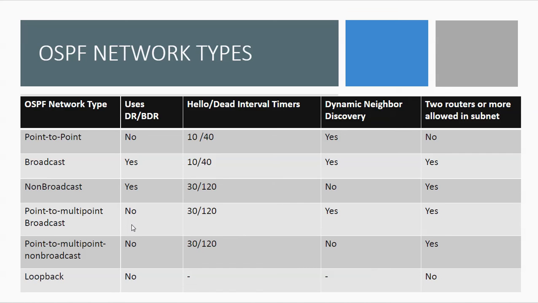The last network type is the loopback address on the router. It's an interface that you basically assign an IP to and call a loopback address. There will be no DR-BDR selection here, and you can assign as many loopback addresses as you want.